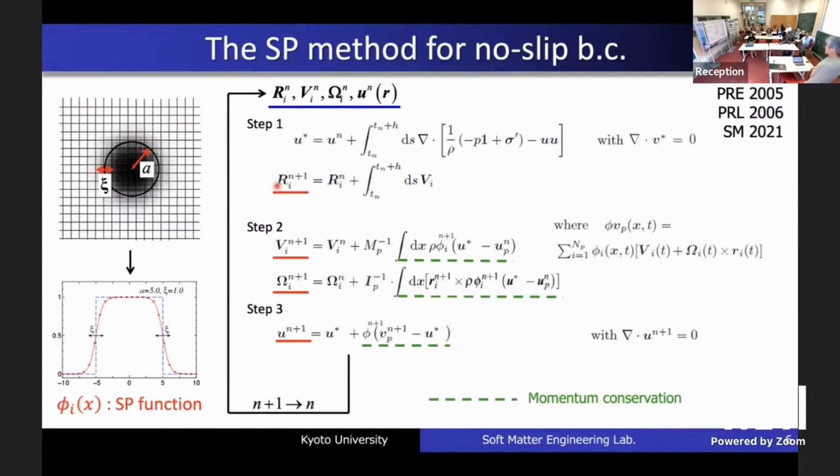Then in the next step, we take into account the momentum conservation by some method. Then we finally obtain the correct values at the next time step, for which we take into account the momentum conservation. So repeatedly using this, we can simulate the coupled equations that I showed.